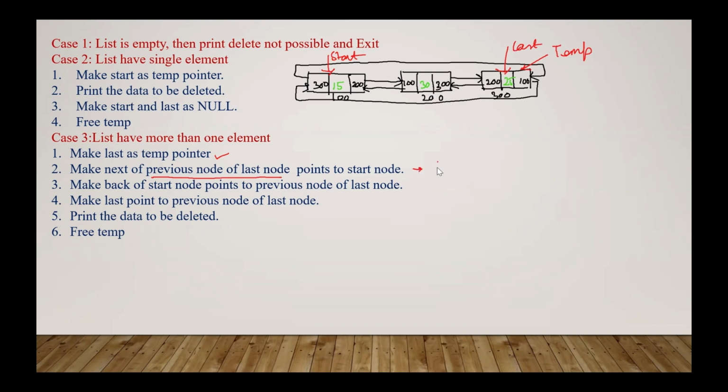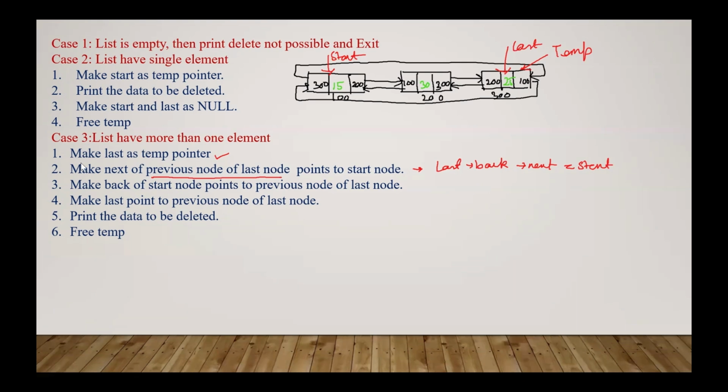So here we can write last back, last back, next, to the start node, meaning this node is equal to start. We can make it that. So this node we have to make this one. So what is the start value? 100.